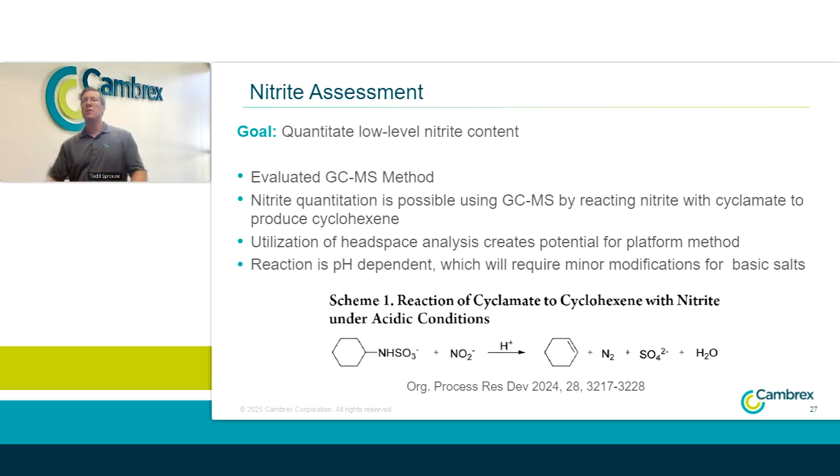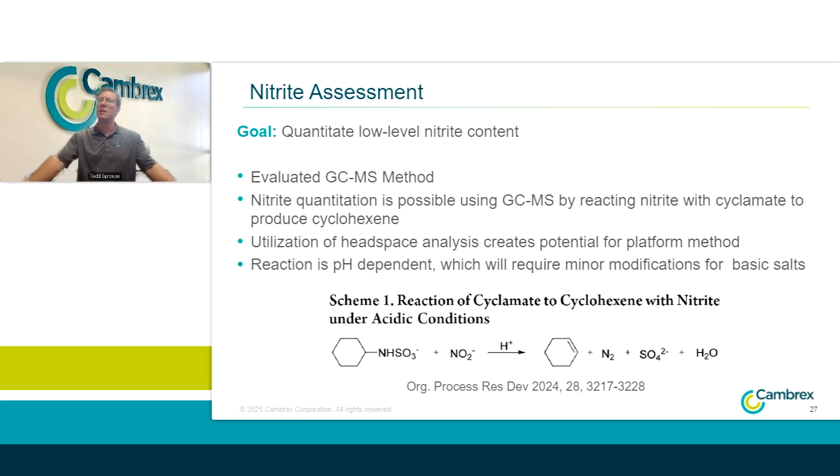So we found a GC-MS method in the literature, and it's an indirect measurement of the nitrite using cyclamate to convert to cyclohexene under acidic conditions. So the nitrite quantitation is possible, and by utilizing the headspace analysis, that creates the potential for the platform method.